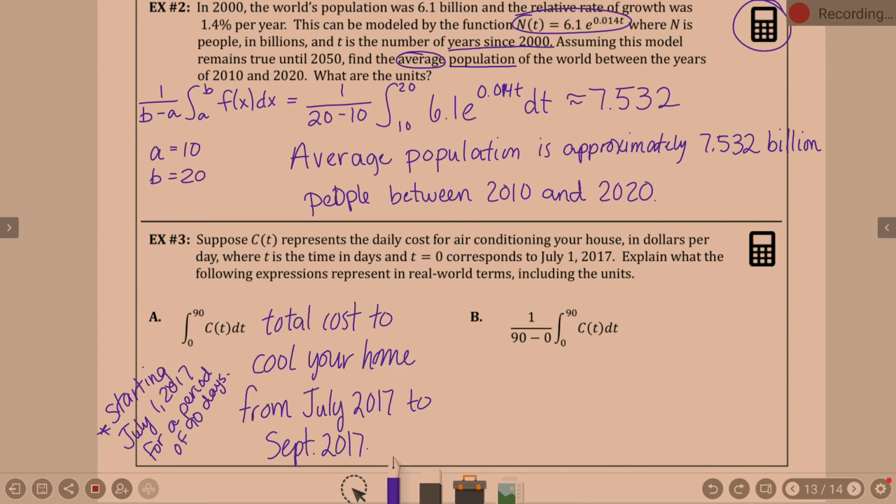Key things here: total cost, and indicating what that time frame is. It's July to September, it's 90 days starting July 1, some kind of indication there.